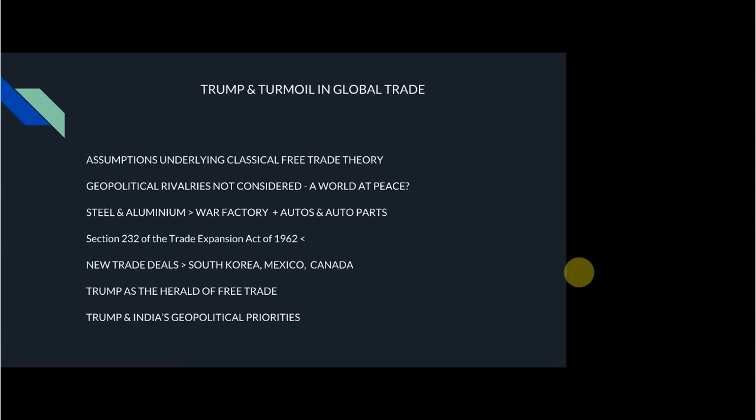NAFTA was already a very old agreement, and the US was losing out, and Mexico was the biggest gainer under NAFTA, because they were very underdeveloped and gained a lot of development because of it, and Canada was also winning. So the US was losing out, because from this 1945 era, the US had taken a deliberate stance to help the others and undermine its own interests. This is something that Donald Trump is changing.